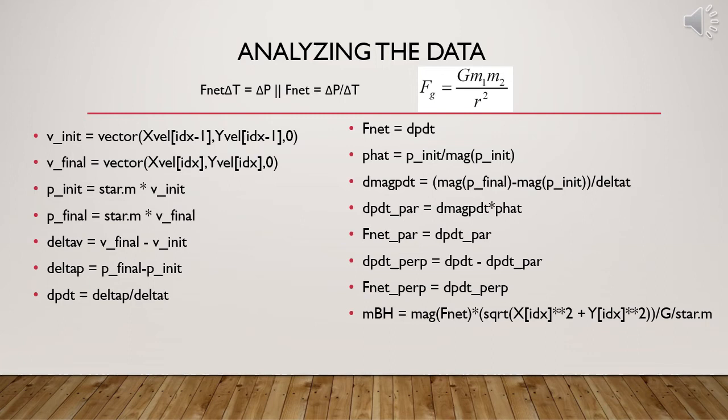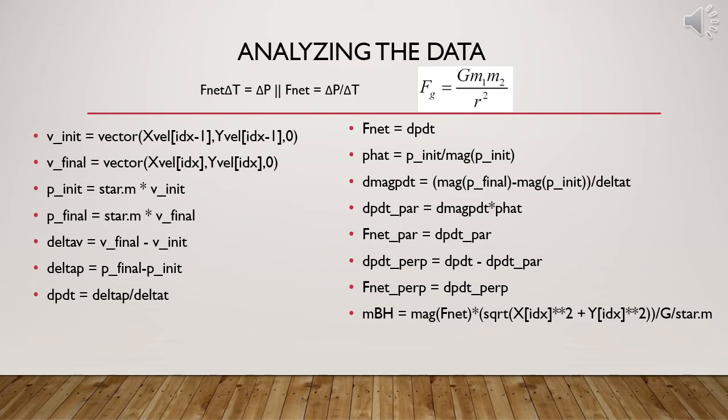Then, by dividing change in momentum by change in time, we can find dp divided by dt. In this case, the delta t is 1 day, or 86,400 seconds. This time frame is small enough to give us a precise approximation of dp dt. By finding dp dt, we have now found the net force because Fnet equals change in momentum over change in time.